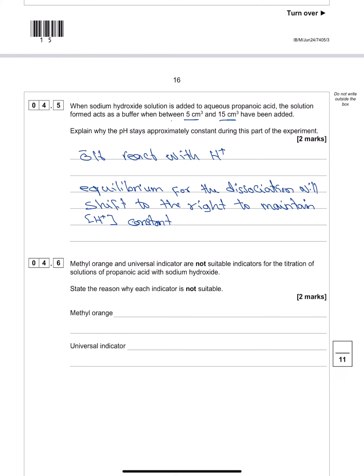So why can't we use methyl orange? We cannot use methyl orange because it wouldn't change color at the equivalence point. Actually, it will change color before the equivalence point, so it's not a good one to use. You can say equivalence point or end point; any of these would work.